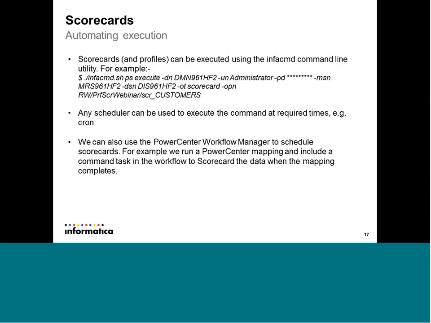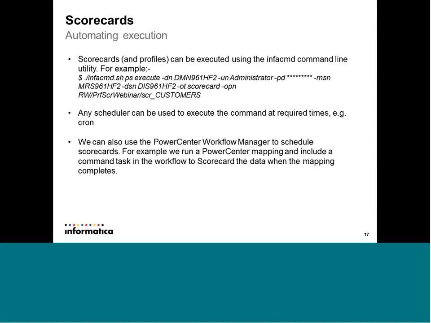Or if your mappings are getting run in PowerCenter, be they PowerCenter native mappings that you're measuring metrics against, or data quality mappings that you've exported to PowerCenter, you can actually add a command task to run a scorecard as part of your workflow. So you could run your PowerCenter mapping, which may have some DQ rules embedded in it.